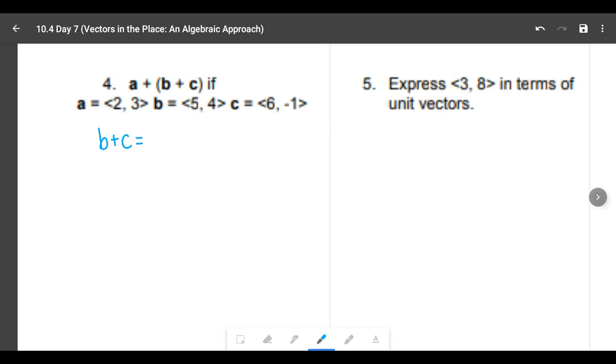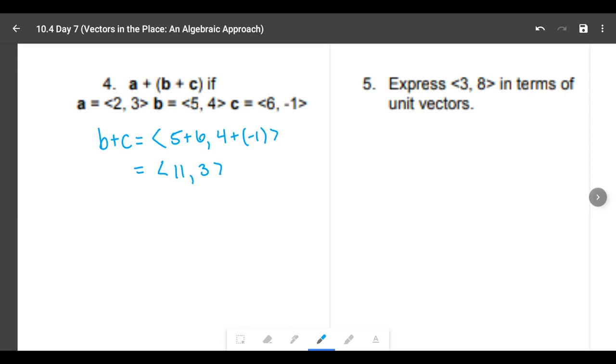we are simply going to take our x values and add those together, and our y values and add those together. And so B plus C is going to be the vector 11, 3.